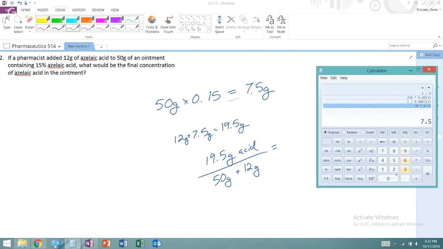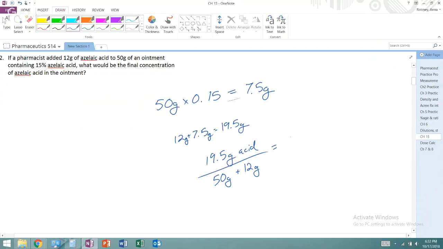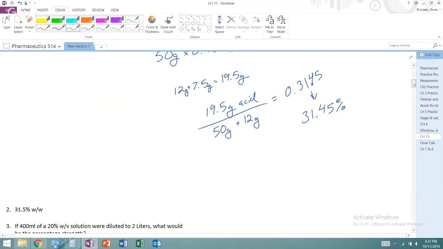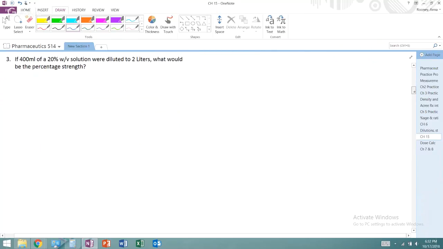So let's see, 19.5 divided by 62.0 is 0.3145. All right, and then that is 31.45%. Okay.